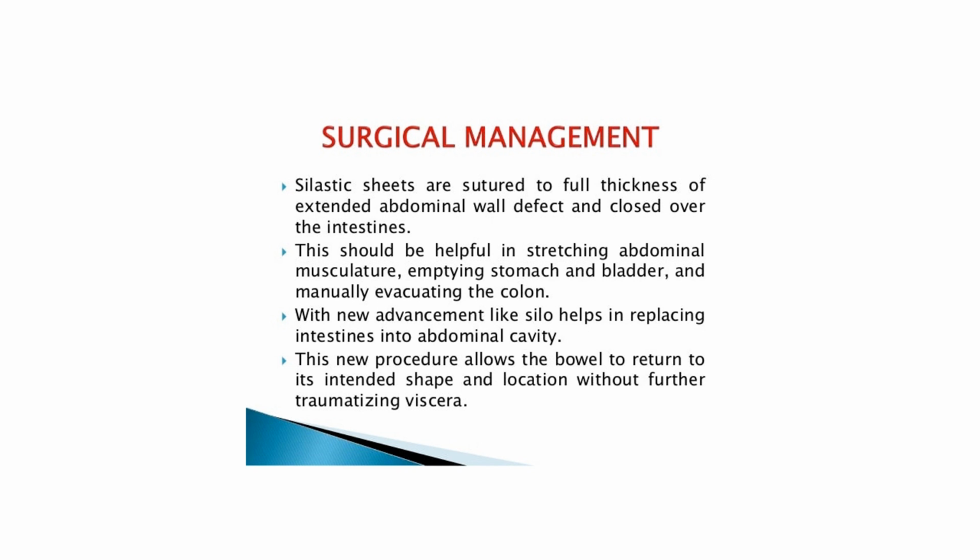Next is the surgical management of gastroschisis. The gastroschisis can be corrected by a device called a silo. Okay, the silo is a long plastic pouch which will be used to treat this gastroschisis.